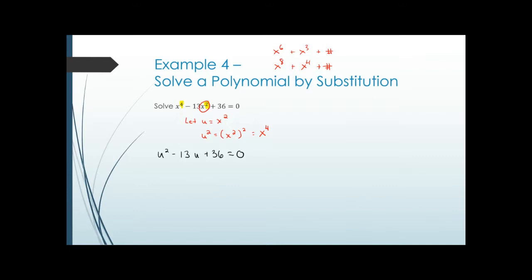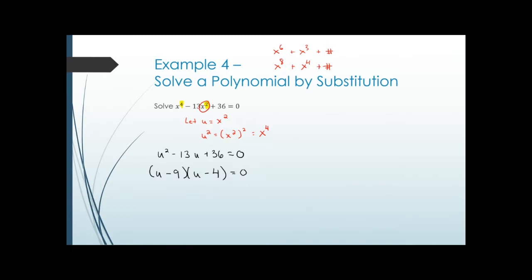So u squared minus 13u plus 36 is something that factors. It factors to (u minus 9)(u minus 4), since negative 9 times negative 4 is a positive 36, and negative 9 minus 4 gives you a negative 13.